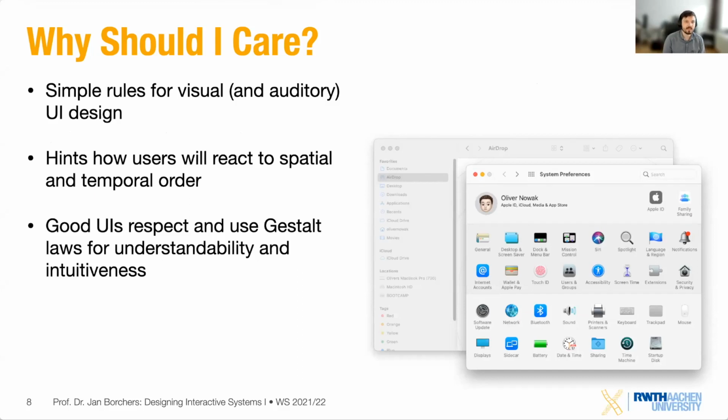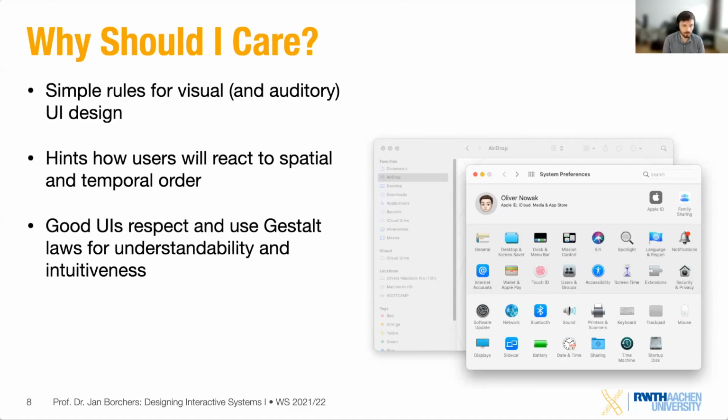Gestalt laws are simple rules which help us make our user interfaces very simple, understandable, and parsable very quickly. When you apply them correctly, you can give a user an interface and they immediately know which of the visual things in the interface belong to which other thing, and what actions.